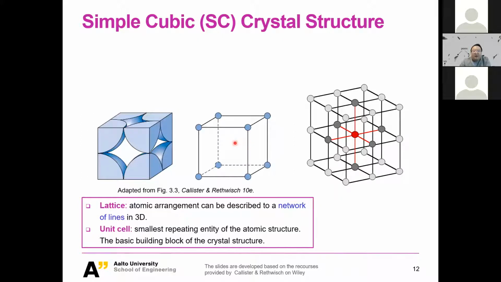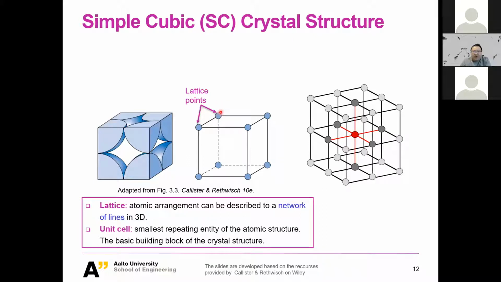But you need to realize that in reality, your atoms are really so close as to touch each other, because this will go to their minimum energy status.